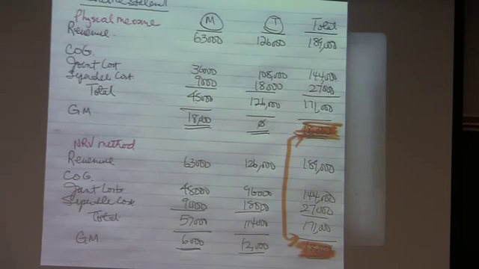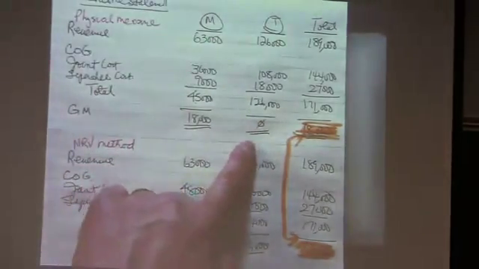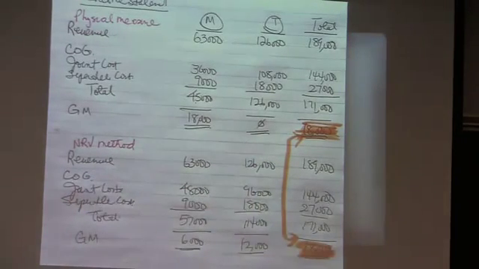And you can see that if we use physical measure, it looks like turpentine doesn't make any money. But yet, if we use the NRV method, it makes more than the methanol. So it's important for us to decide which method to allocate joint costs, because you can see in this illustration, it may create different decisions depending on which method we decide to use.